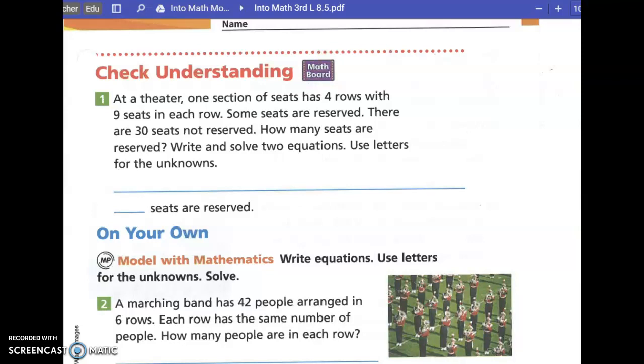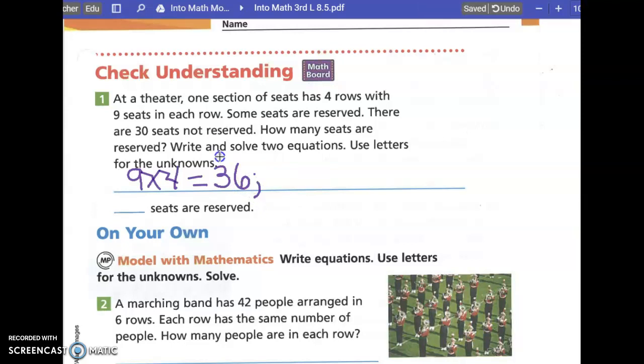How many steps was this? 2. What was the first step? You have to find 9 times 4. We have to find that total number of seats, don't we? And what does that equal? 36. Okay, then what was the next step? 36 minus 30 equals 6.